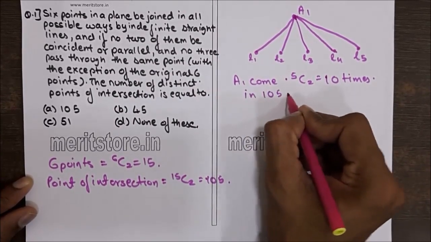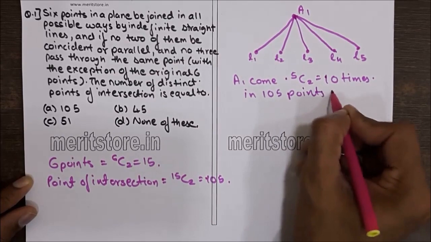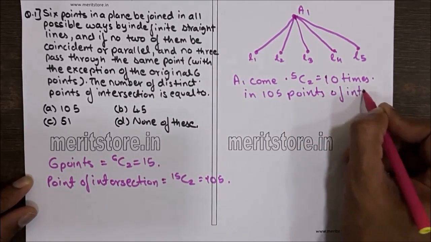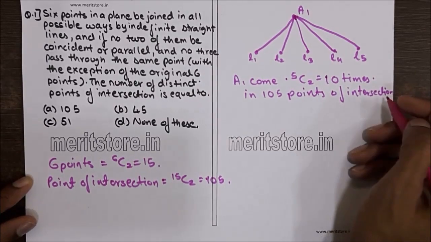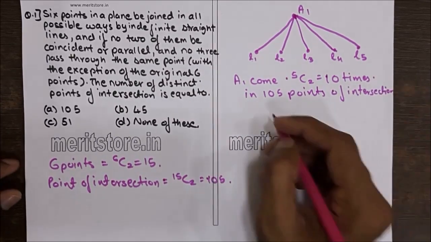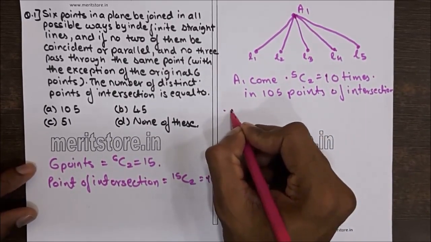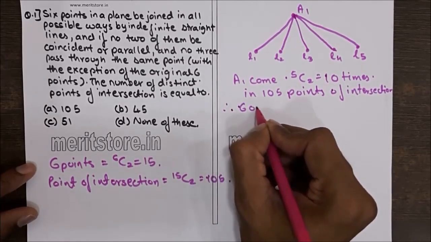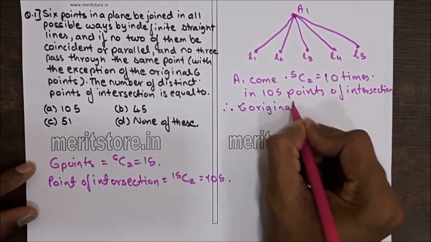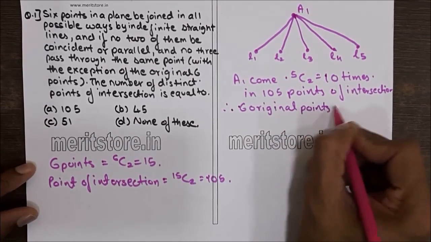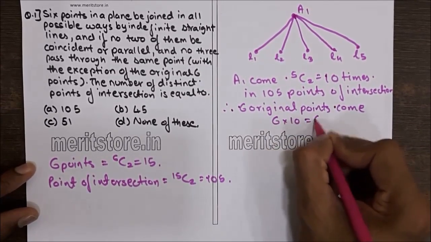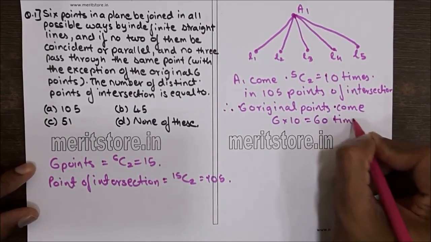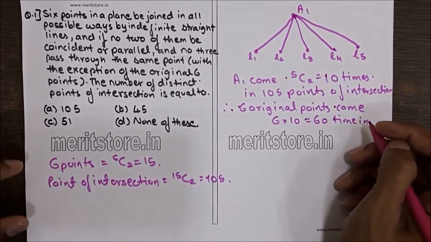in the 105 points of intersection. Similarly, this is the case with the other 5 points. Therefore the 6 original points come 6 into 10, which is equal to 60 times in the points of intersection.